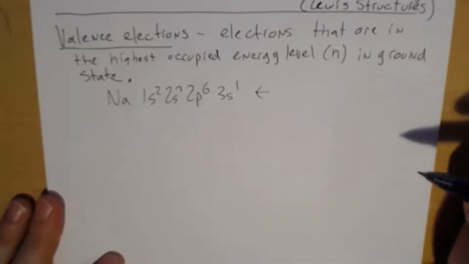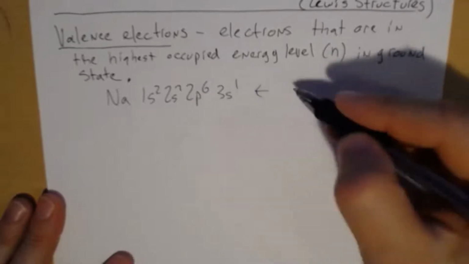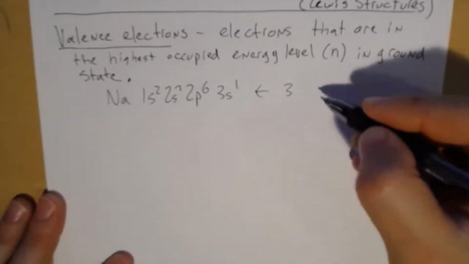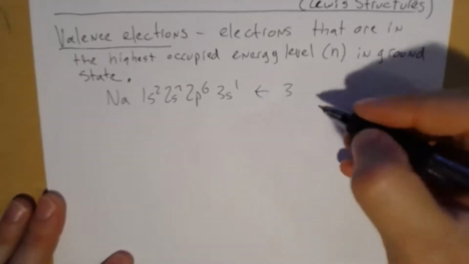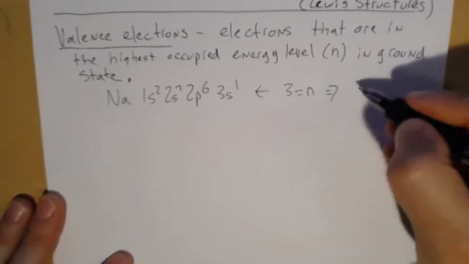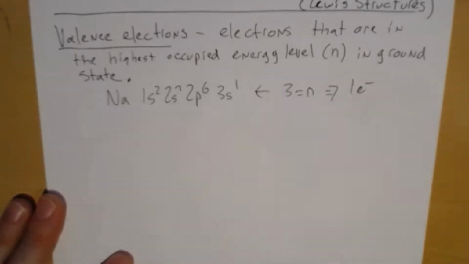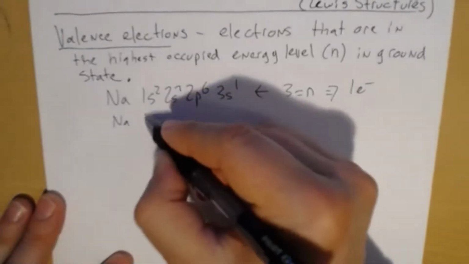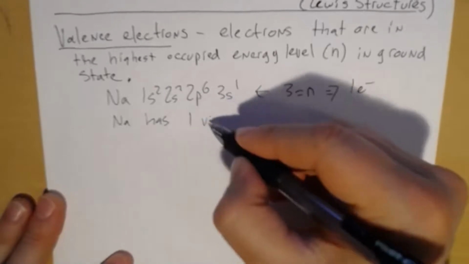Anybody? 3s1. Yeah, so I'm just going to say 3 equals the highest. And how many electrons? 1. Yeah. So sodium has 1 valence electron.